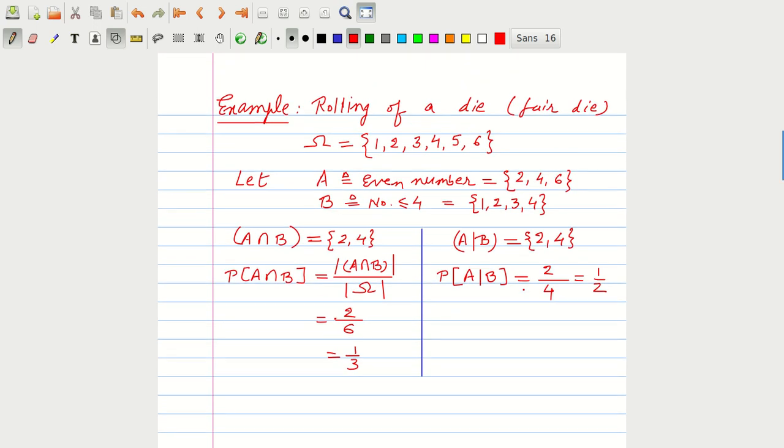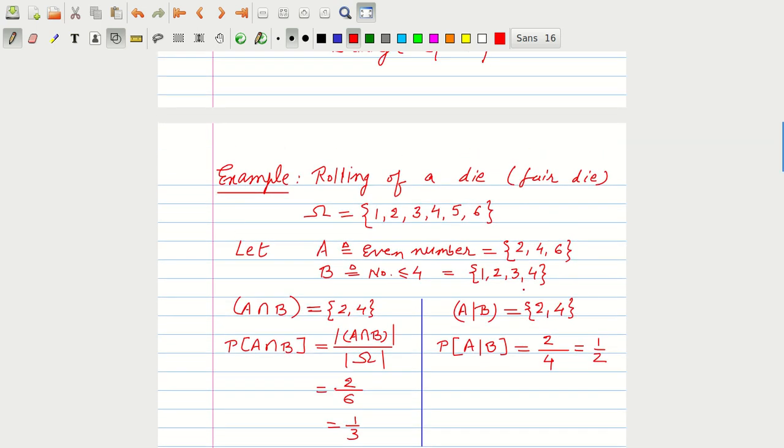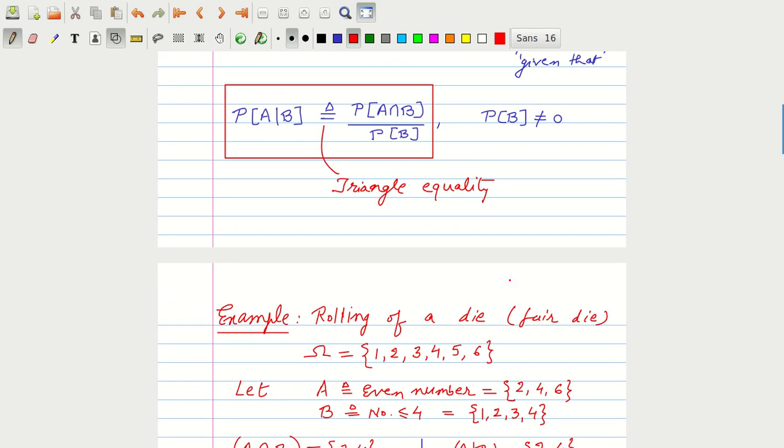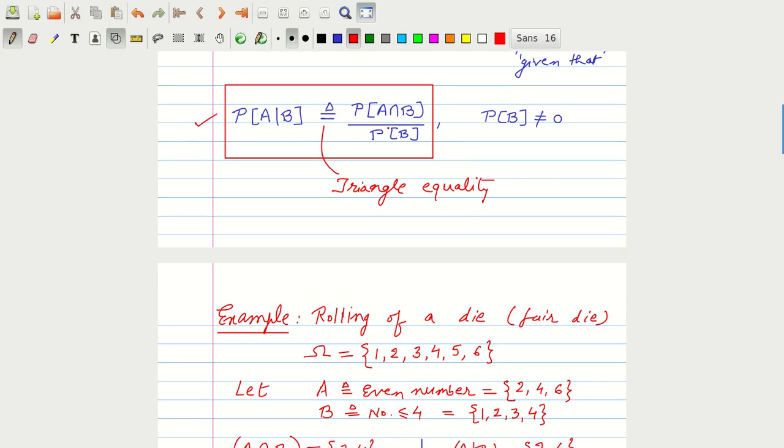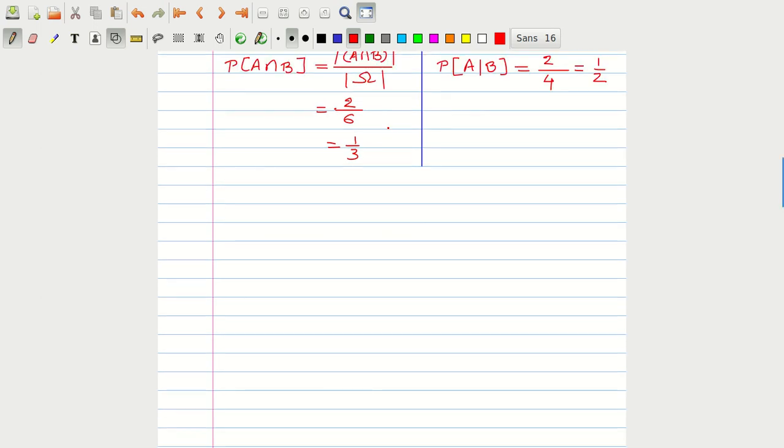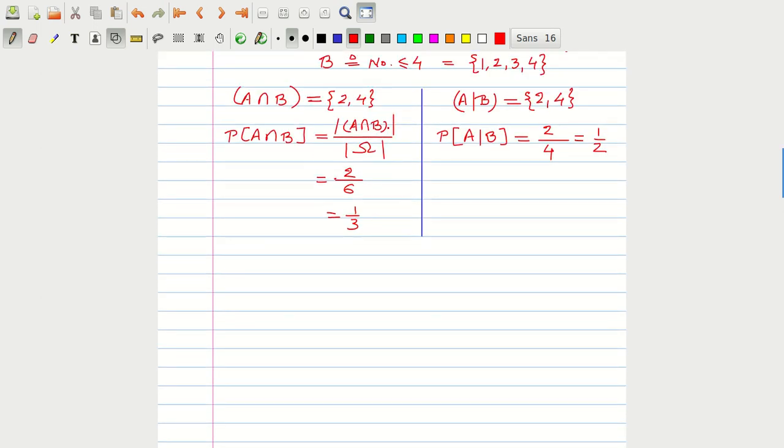Here we have computed the conditional probability directly by counting the number of points in the joint event and the corresponding reduced sample space. Let us also verify this relation that we have just seen between the conditional probability and the joint probability. So let us verify the definition.